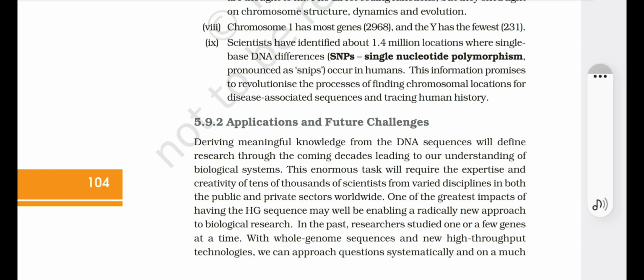Then what are the applications of this Human Genome Project and future challenges? As the goals of the Human Genome Project were achieved, it led to great advancement in research. Today, if any disease arises due to some alteration in a certain gene, it can be traced and compared to the genome database that we already have.